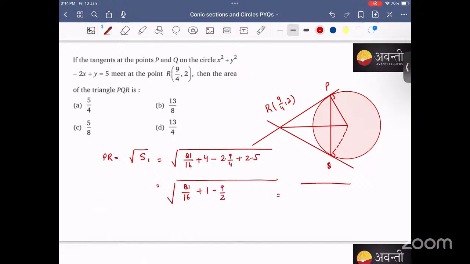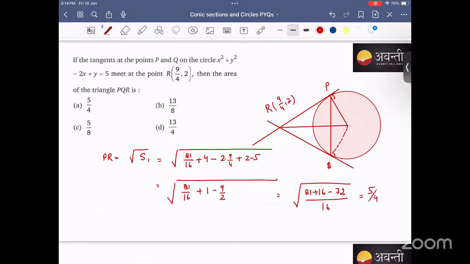If I take the LCM here, the LCM is 16. It will be 81 plus 16 minus 72. 81 plus 16 minus 72. So this will be 81 minus 72, 9, 25. It is 5 upon 4.